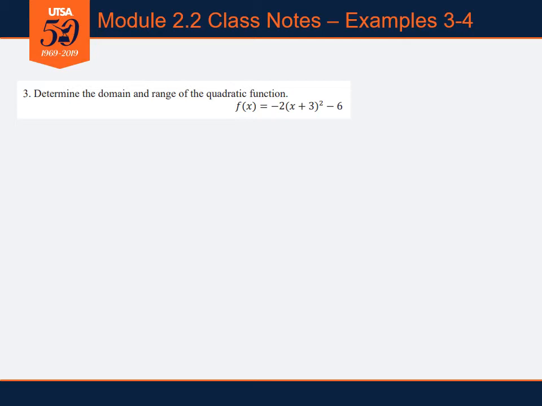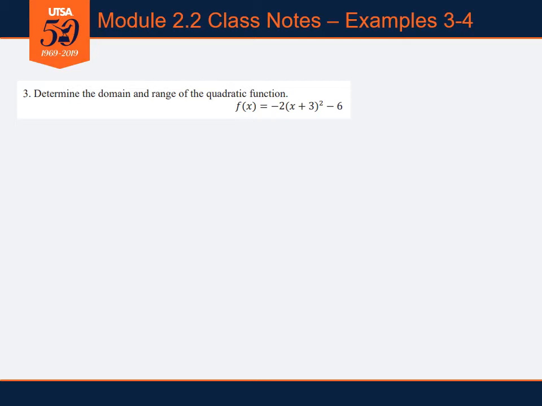Simple as that. The range takes a little more work, not terribly much more work, but let's consider the range of this polynomial function. And we'll note the domain and range both in our answer, but I already know the domain is going to be all real numbers. Let's focus on the range.